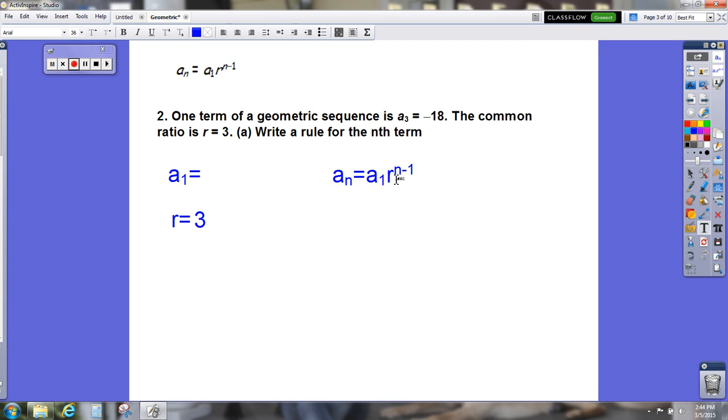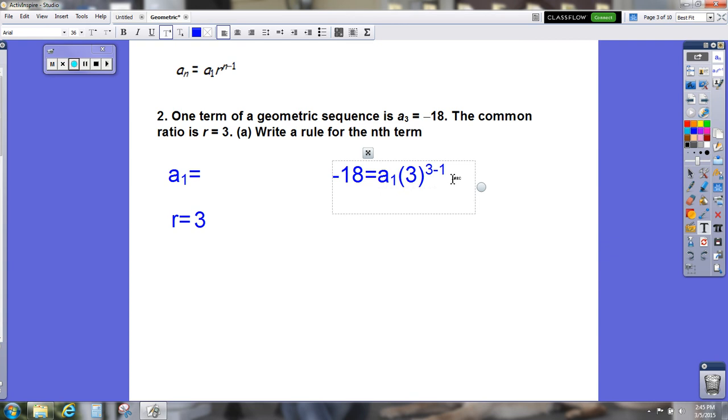So let's plug into our formula what we know. We're going to solve for a sub 1 this time. So instead of a sub n, we're going to plug in negative 18. a sub 1 is what we're looking for. We know our common ratio is 3. And we know our n is 3, because it's the third term. Let's solve for a sub 1.